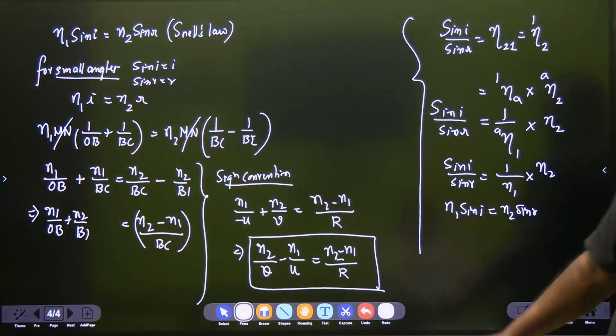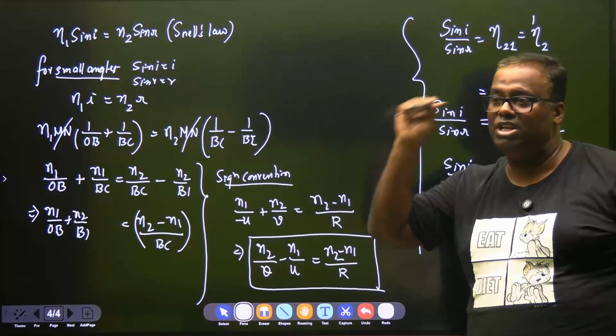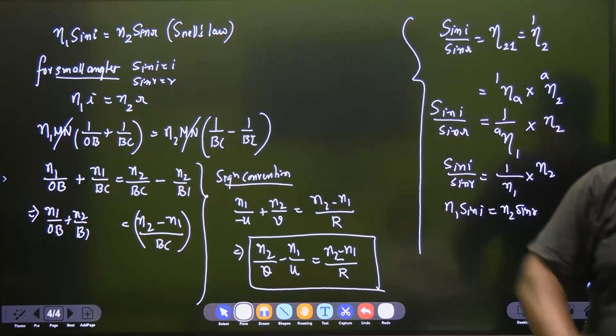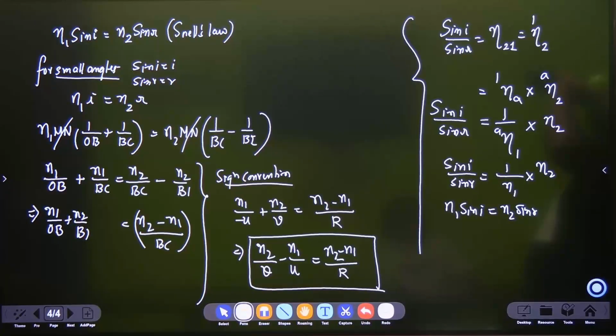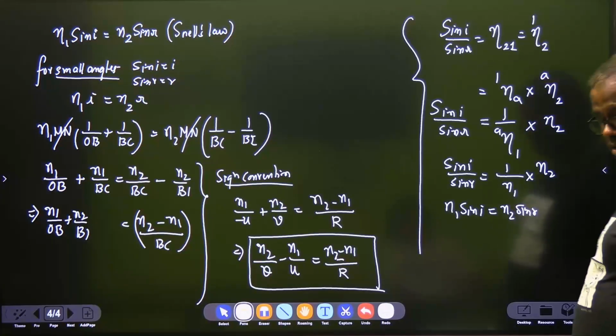N1 is the medium from where the ray came. Keep this in mind. This is known as refraction at a spherical surface.